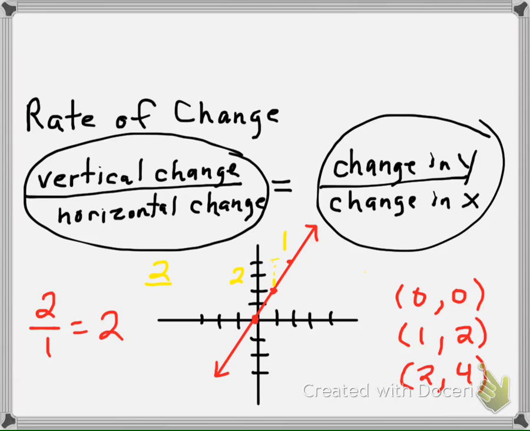My horizontal change was 1. So my rate of change is 2. Either way, my rate of change is the same. Okay, whether you want to use the coordinates and use change in y over change in x, or use the graph and do the vertical change over the horizontal change, it's the same thing.